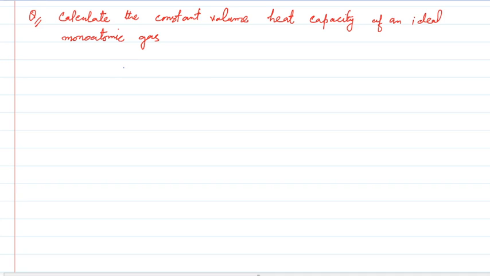What you have to do, you know this CV for a monoatomic gas is simply related by this expression. So we will simply introduce the values of gas constant, that means 8.314 joule per mole per Kelvin. So this will be simply equal to 12.47 joule per Kelvin per mole. So this is very simple question.